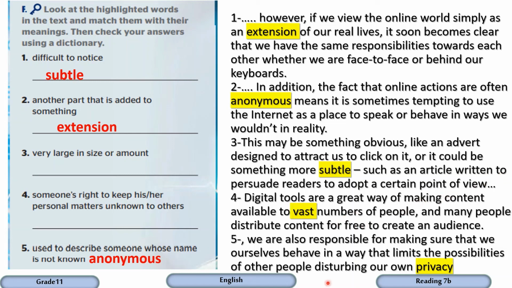We are talking about the number of people that is very large. We are also responsible for making sure that we ourselves behave in a way that limits the responsibilities of other people's, disturbing our own privacy, which is something private. And here is the answer. It's someone's right to keep his or her personal matters unknown to others.